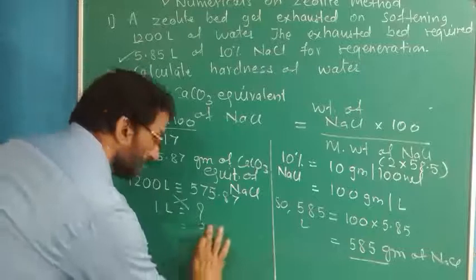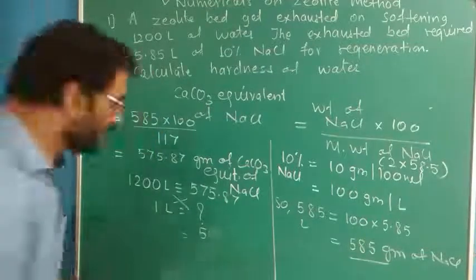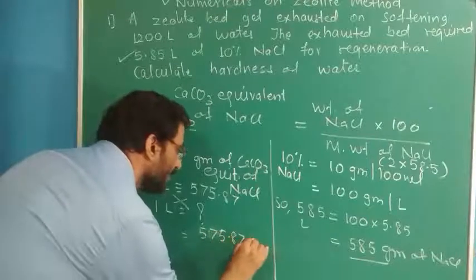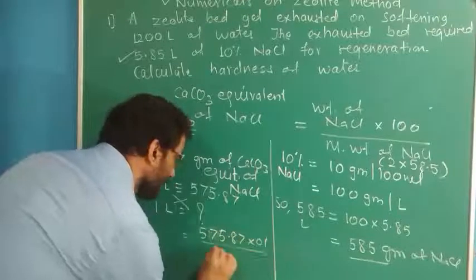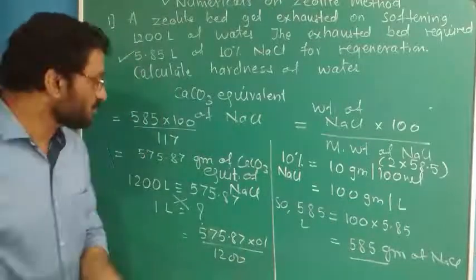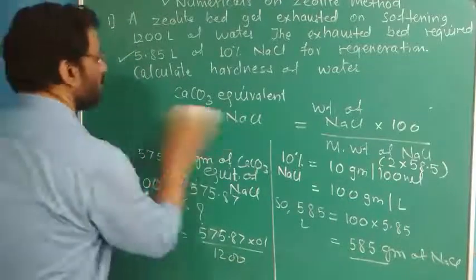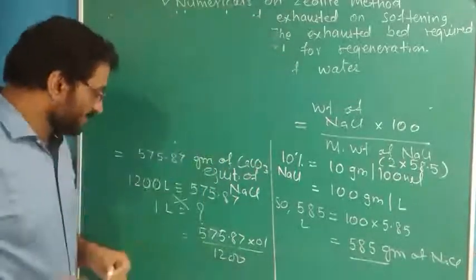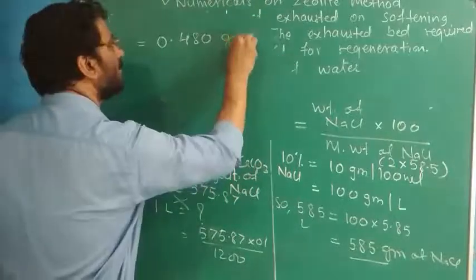575.87 into 1 divided by 1200. Fine. It is coming in grams. We'll take a round figure.